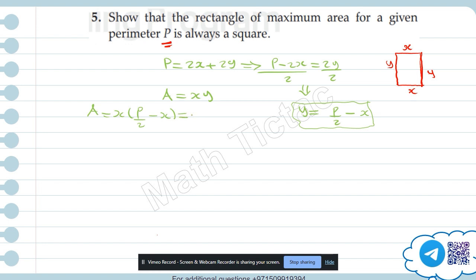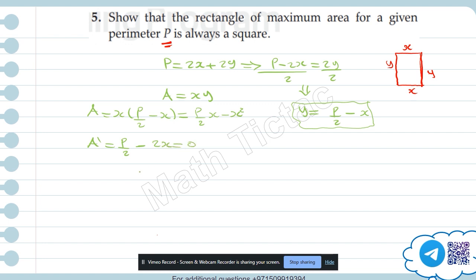Then this is equal to P over 2 x minus x squared. I will deal with P over 2 as constant. So now A prime is equal to the derivative of this, P over 2, minus the derivative of this part, which is 2x.